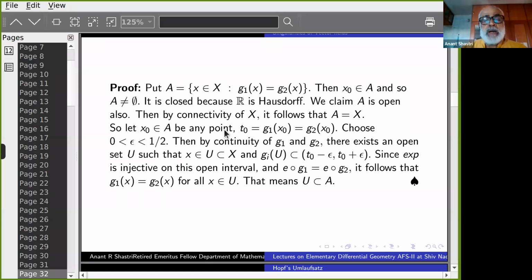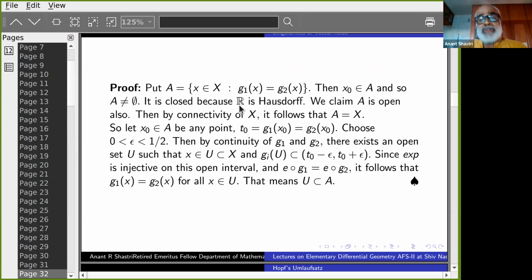So let us see how the proof goes through. Take A to be the set of all points wherein the two functions agree. We have been given that x naught is inside A, so A is non-empty. Since the functions are taking values inside R, which is a Hausdorff space, the set of points wherein two functions agree is automatically closed.